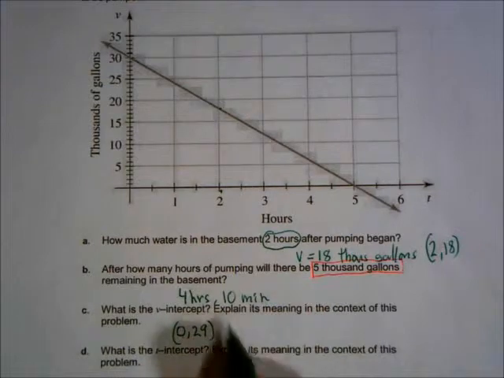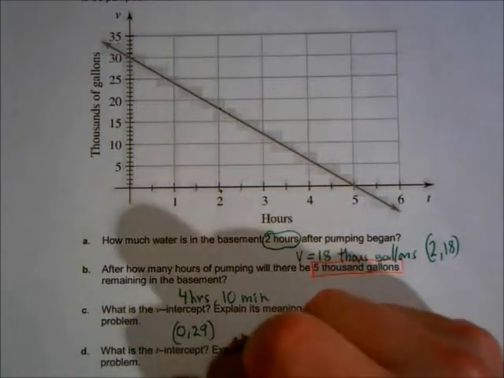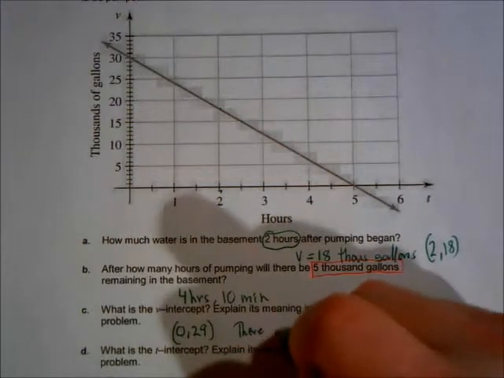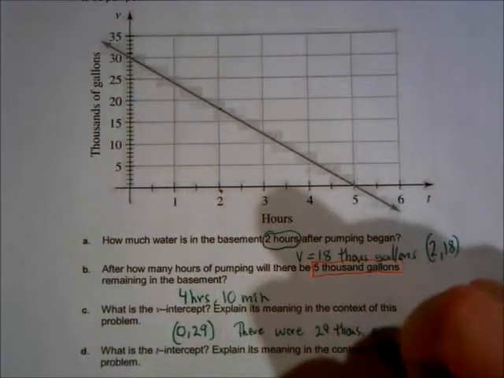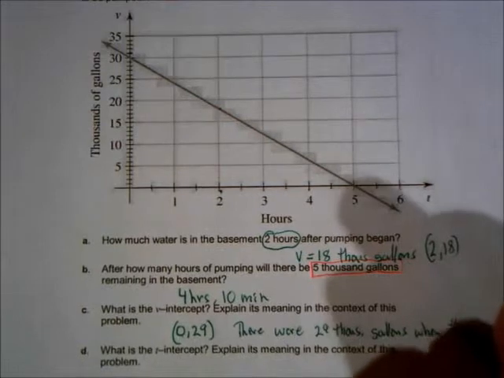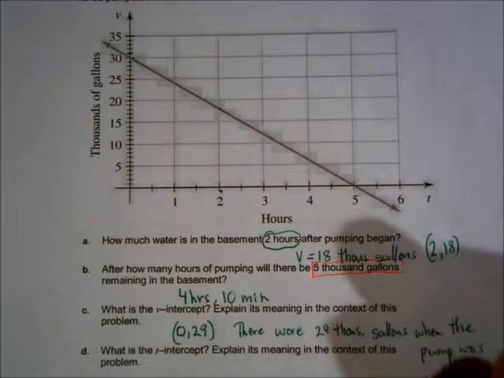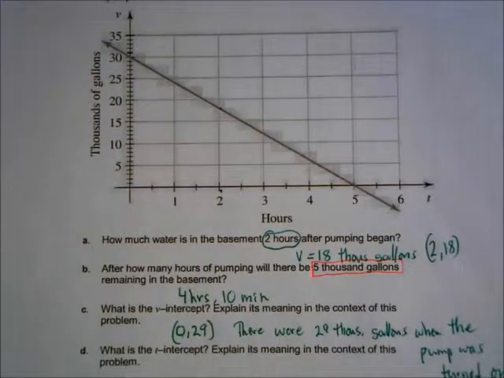So there were 29,000 gallons when the pump was turned on. Okay, and that's why it's important to have both the X number and the Y number. That's why it's important to write it as a point.